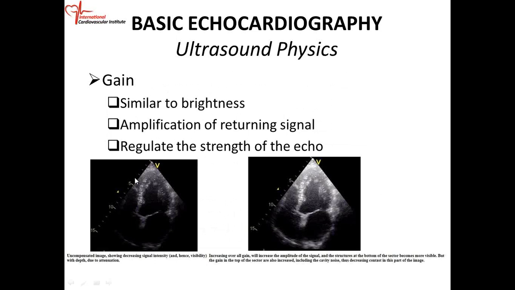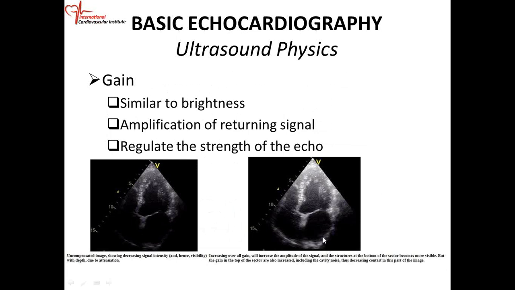So if you look at this ultrasound, you can see the distant structures. If you look down here, the distant structures down here, you have this big dropout. The atrium doesn't image very well.